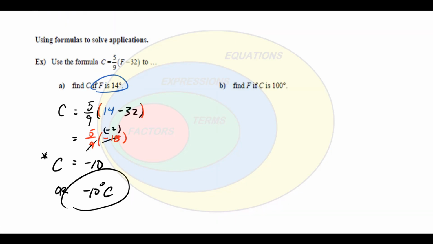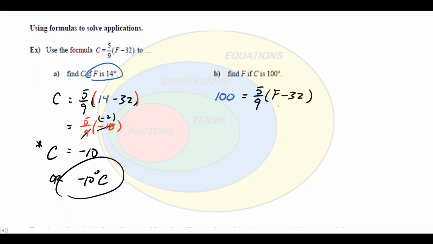And again, now I'm substituting 100 in for C, and the rest of the formula stays, and I can take this and solve for F. Now, one of the things we think about in composition, and again, we know there's steps to solving, like here I could clear fractions, but I also understand that on the right side of the equation, this is one term and my factor of F minus 32.